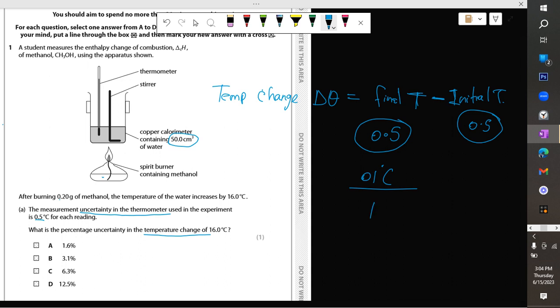The reading is 16. Percentage uncertainty, so the answer should be 6.25. Rounded off, it is 6.3. The answer should be C.